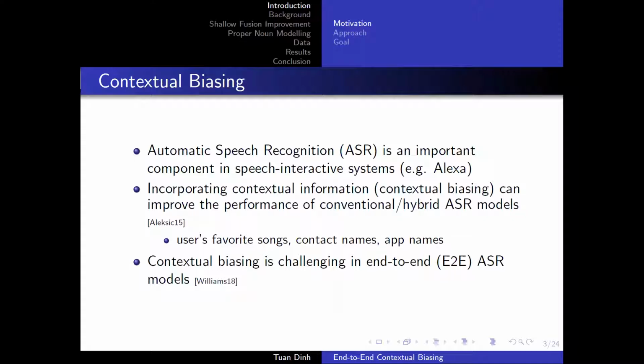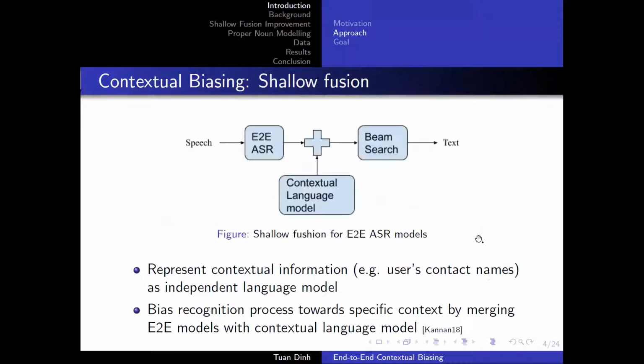Incorporating contextual information, or contextual biasing, can improve the performance of conventional ASR models. The contextual information includes a user's favorite songs, contact names, and app names. Contextual biasing, however, is challenging for end-to-end ASR models.